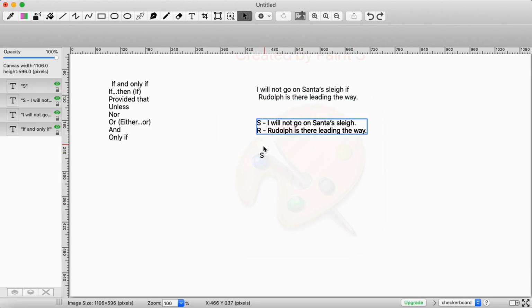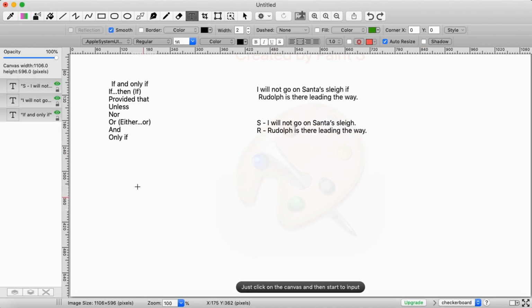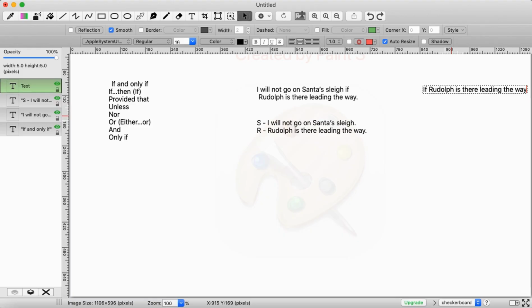So if you saw the last video, you can also rewrite this. You can rewrite this very easily. Let's get rid of this entirely. You can write this very easily as: if Rudolph is there leading the way, then I will not go on Santa's sleigh.